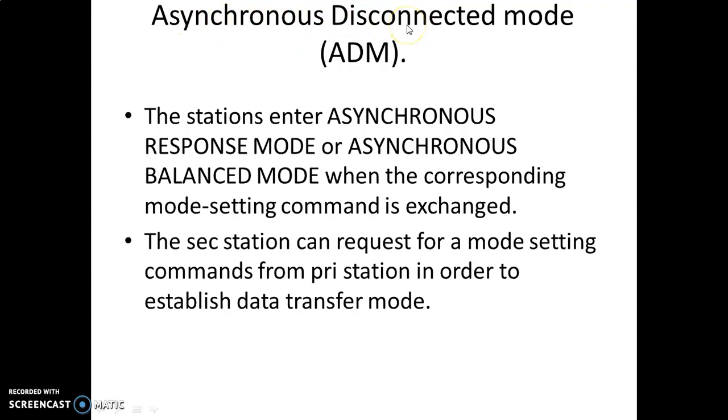Now we have asynchronous disconnected mode. In this mode, since it is asynchronous, the stations can enter asynchronous response mode or asynchronous balanced mode. We have discussed both of these. The stations can enter these modes when the corresponding mode setting commands are exchanged. A secondary station in asynchronous disconnected mode can request a mode setting command from the primary station to establish data transfer.